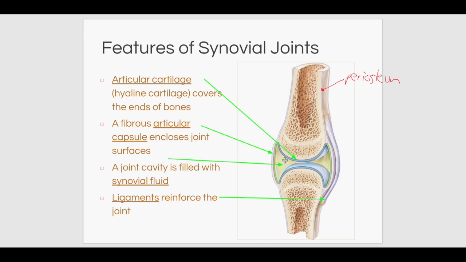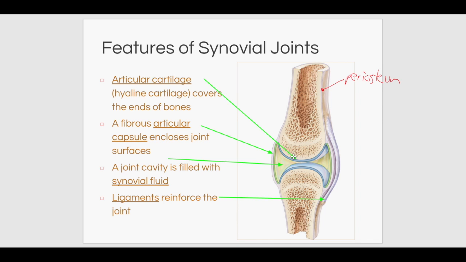This articular cartilage will then extend outward to create this synovial capsule here. This extension is called the articular capsule, and it is actually made up of dense irregular connective tissue.